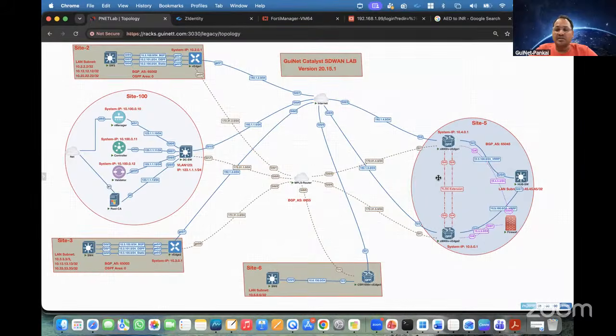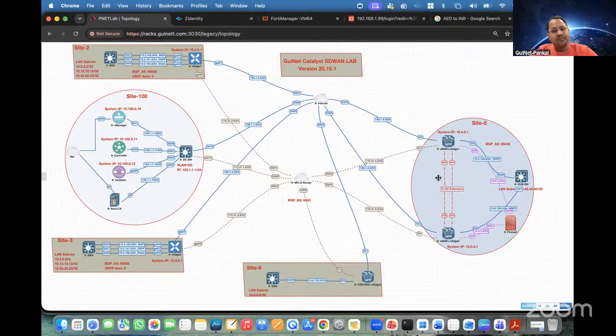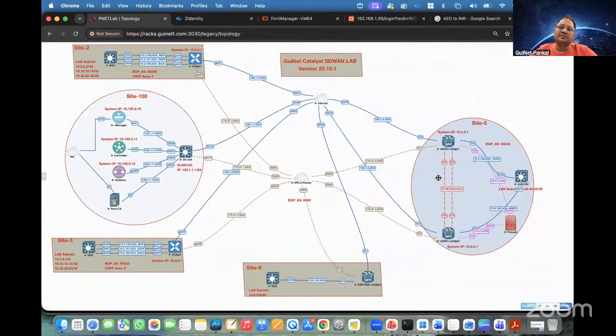Just brief about yourself. So I have 10 plus years of experience in networking only. Currently, I'm working as an L3 network engineer, and I'm very comfortable in routing and switching. I have done CCNA and CCNP certification as well.